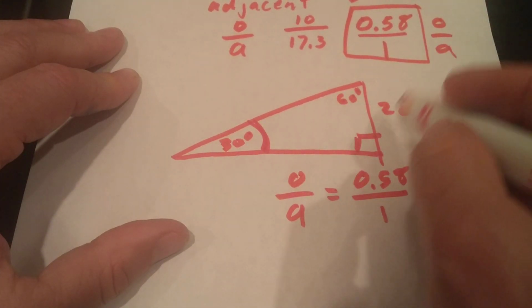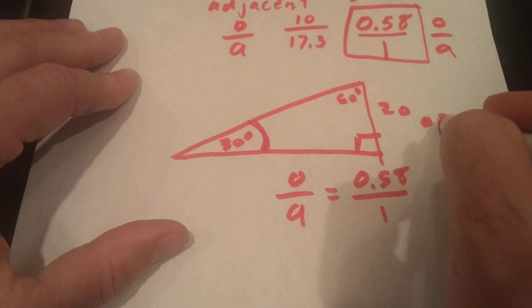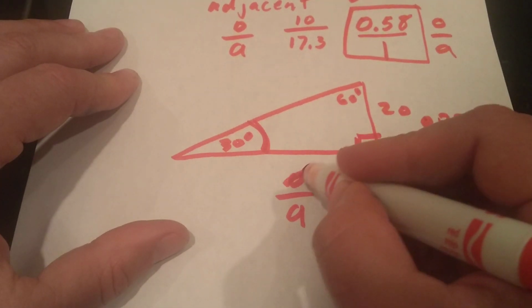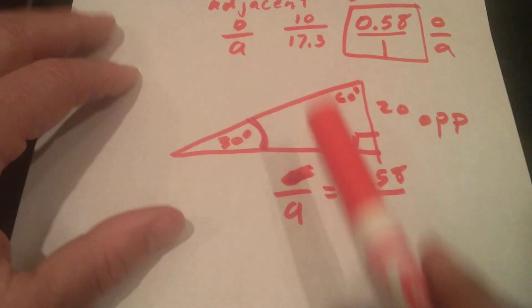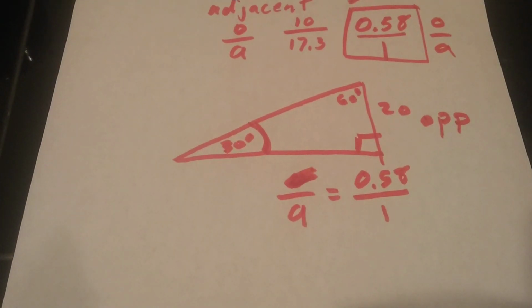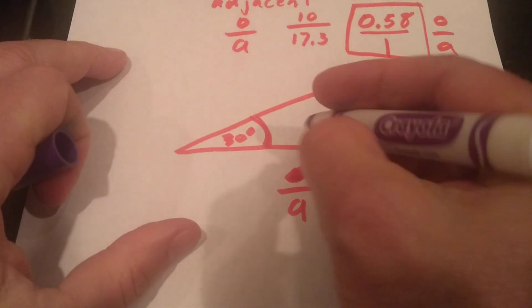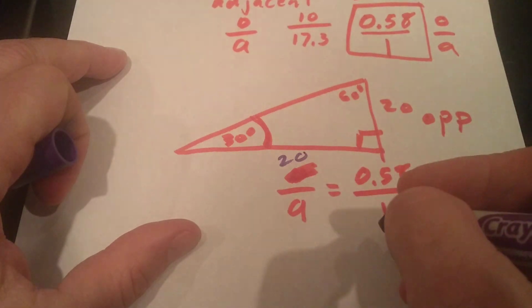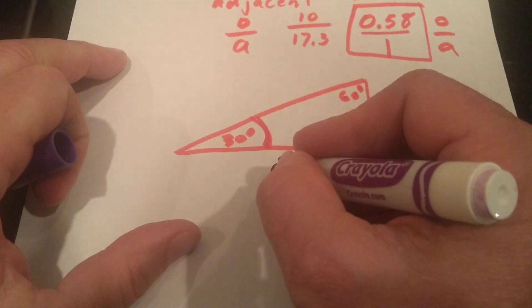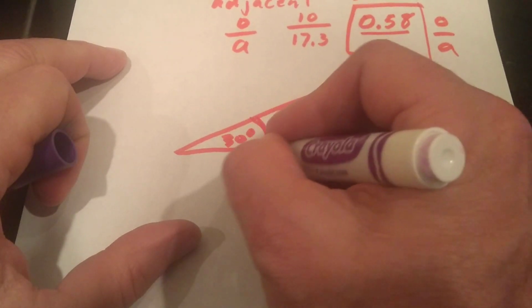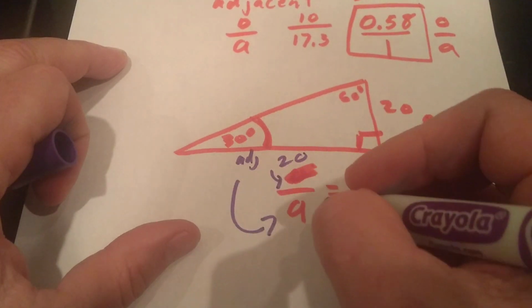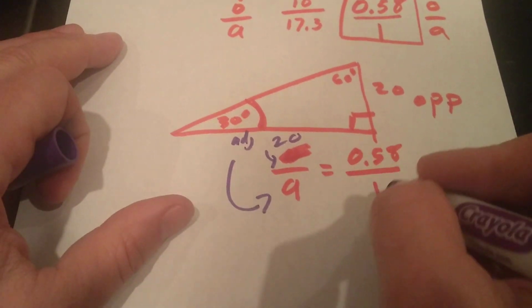But in this case, I actually know the opposite. I'm just going to scratch that out. I'm going to change colors. I'm going to say, okay, my opposite was 20, and my adjacent, that goes here, my adjacent is what I'm trying to find out. So now I can cross multiply.